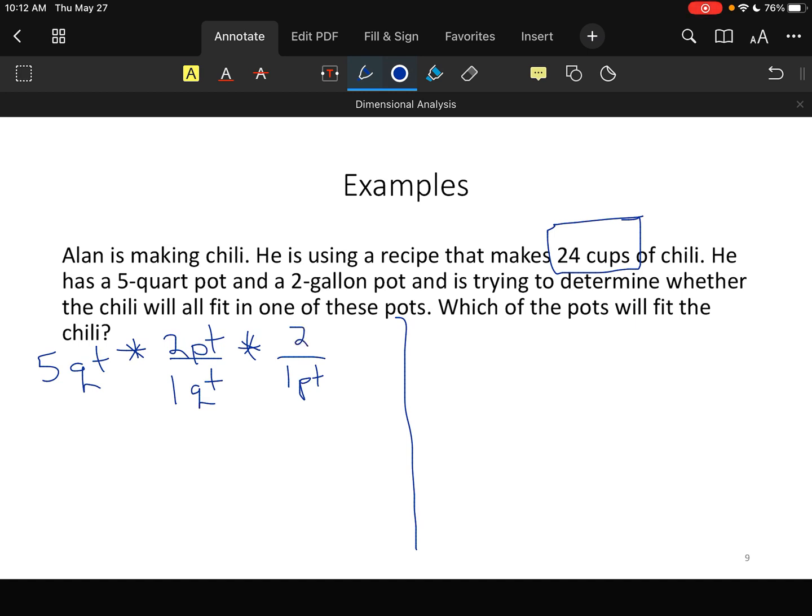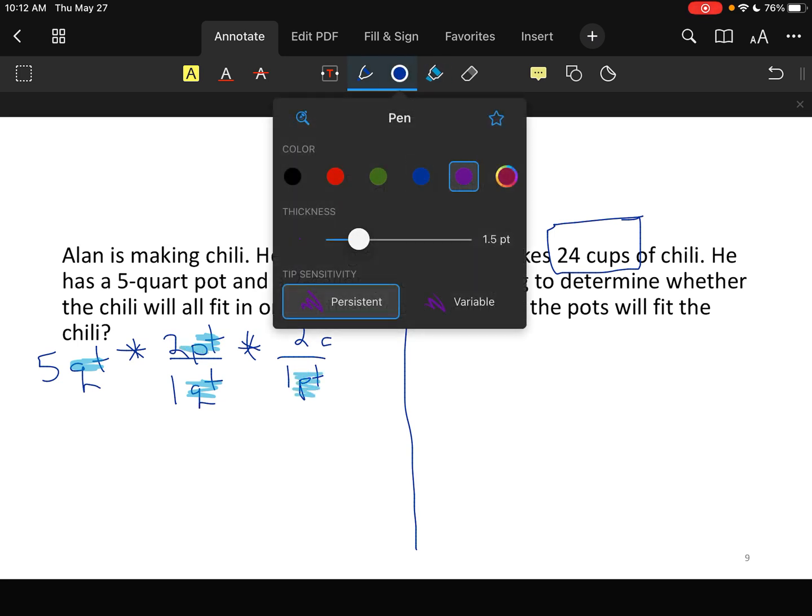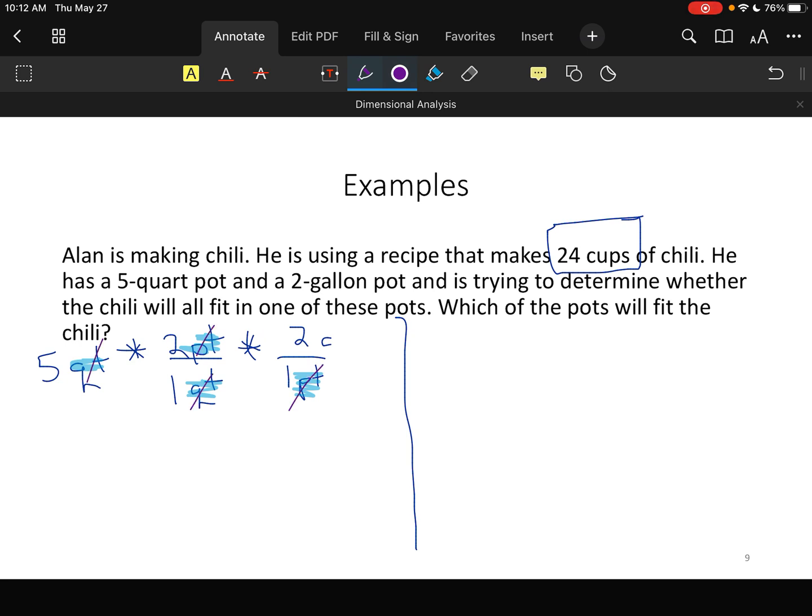So now I went from quarts down to pints, and from pints down to cups. We're going to cancel a lot of these units out. Pints cancel, quarts cancel. We're down to cups. So 5 times 2 times 2. That 5-quart pot will only hold at the most 20 cups, which is less than 24 cups.